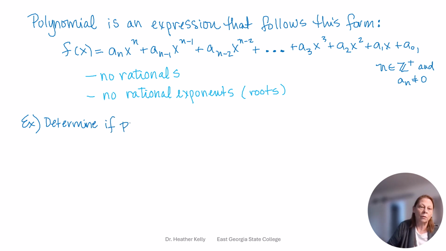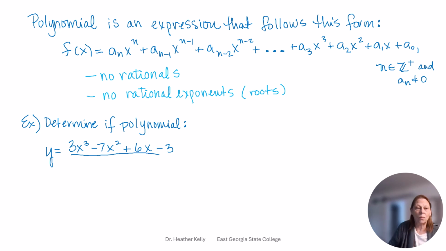So let's see, y is equal to 3x cubed minus 7x squared plus 6x minus 3, all over 2.